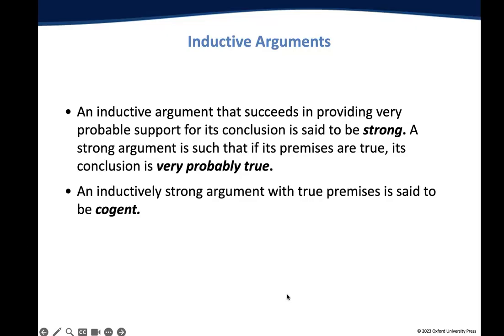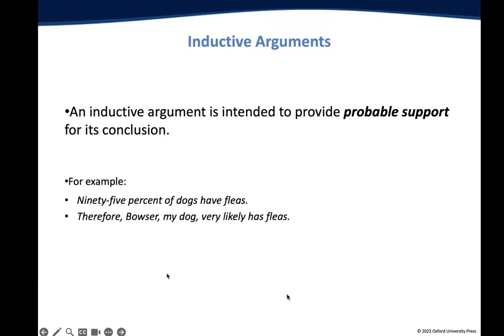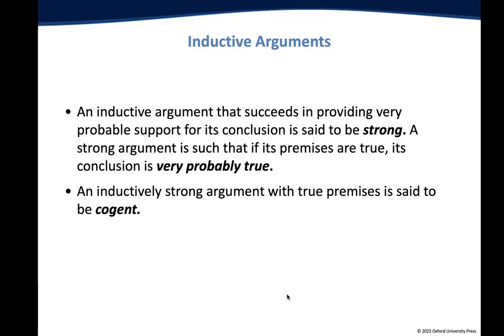So if we look back at this example, 95% of dogs have fleas, therefore Bowser, my dog, very likely has fleas. That would be considered a strong argument because if the premises are true, its conclusion is very probably true.